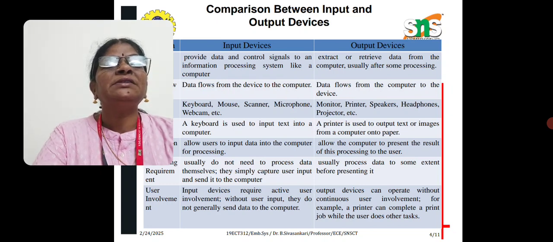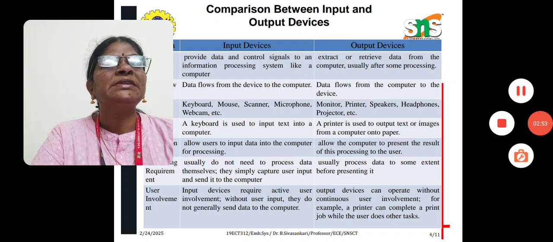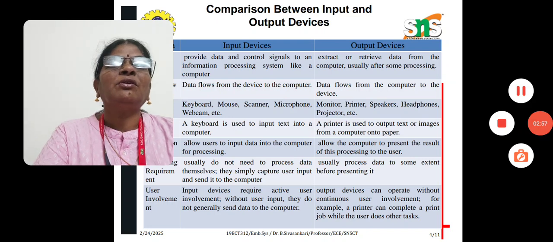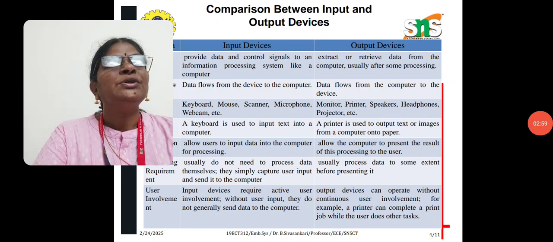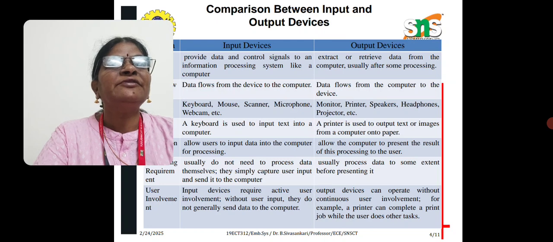The function of an output device is to extract or retrieve data from a computer, usually after some processing, right? So you can see the difference between the function of input and output devices.